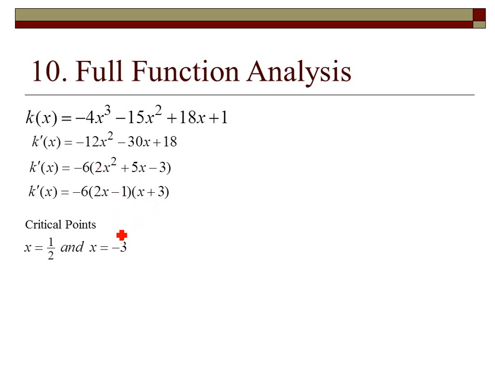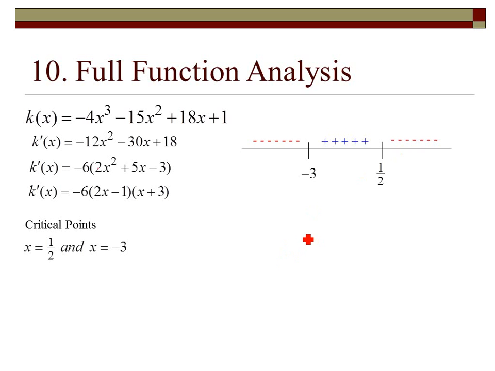So I'm going to build a sign chart. And in this case, it might be easiest to just plug in 0 to see what happens. If I plug in 0, which is right in between, I'm going to get 18. Just plugging in 0 right here. So this section right here is positive. There's no squares on these, so that means the other two should be negative.